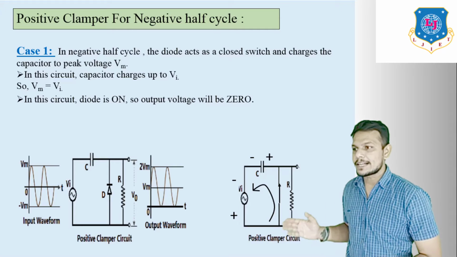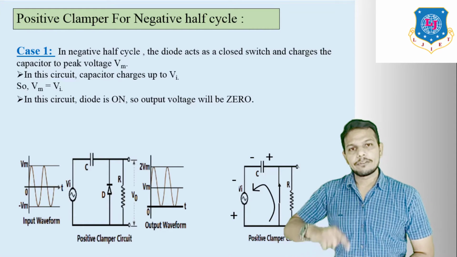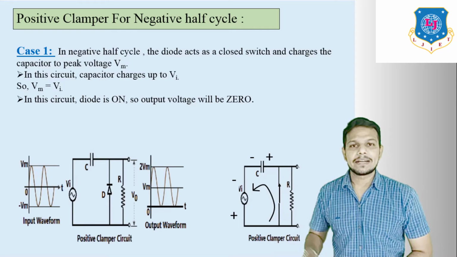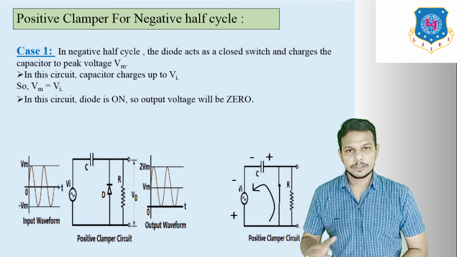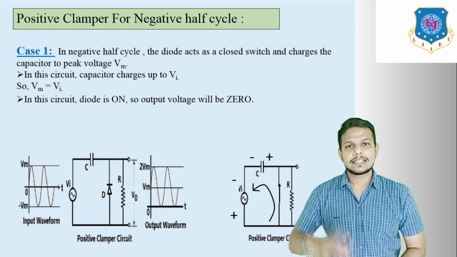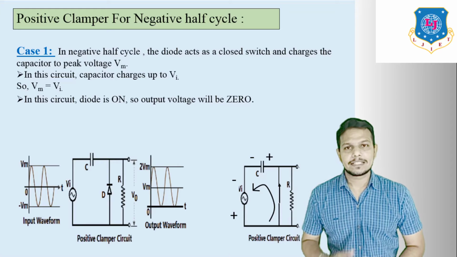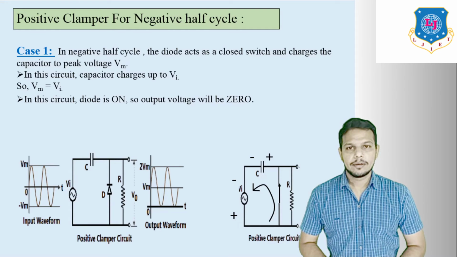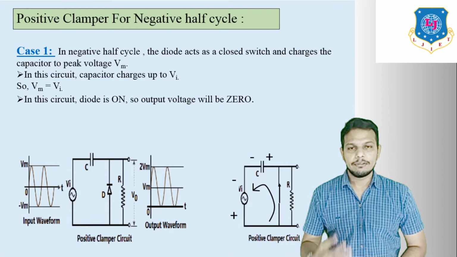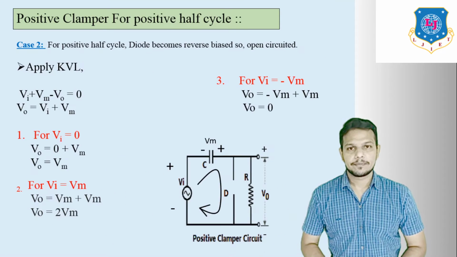In this equivalent circuit, the current flows from plus to minus, so we cannot get output voltage across this terminal. So it becomes 0. Remember this is case number 1, because finally we will design the output waveform according to this.